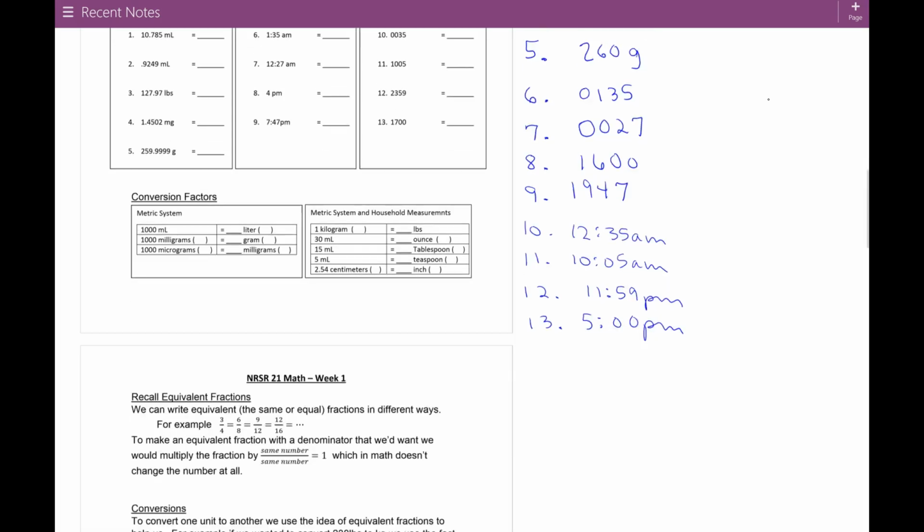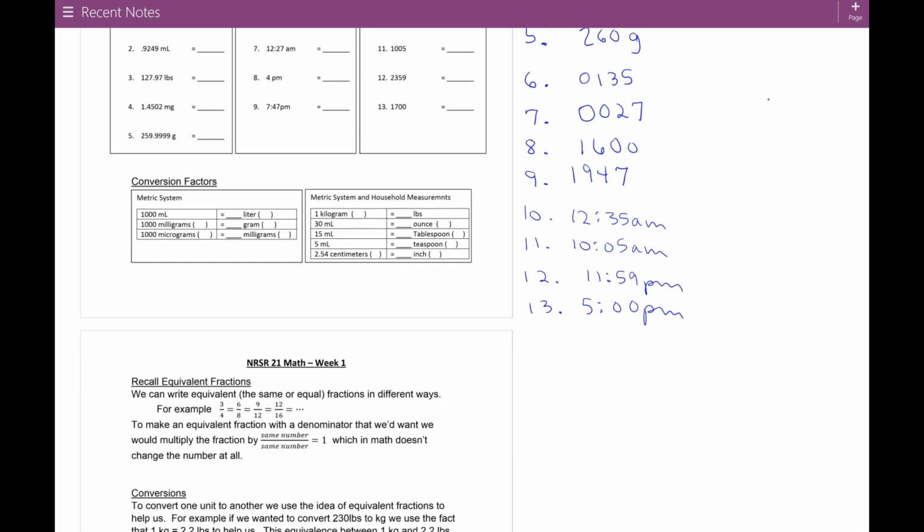Okay, then we have some conversion factors here, and these are in your Calculate with Confidence book, but just so we all have them here. 1,000 milliliters is 1 liter, and we use a capital L. 1,000 milligrams, mg, is 1 gram, lowercase g.